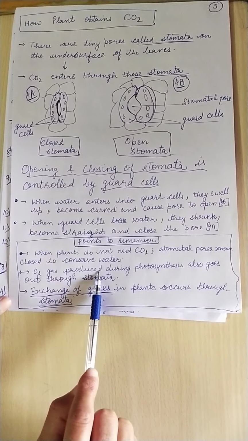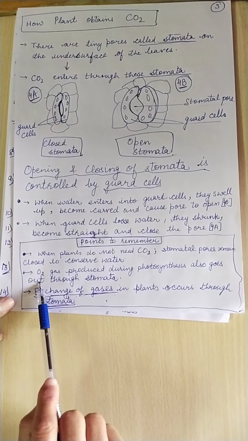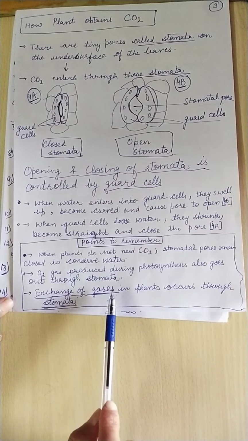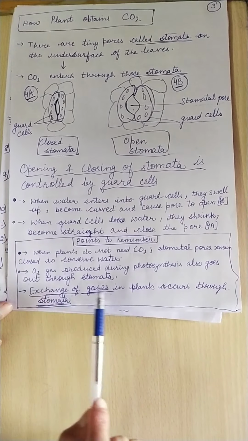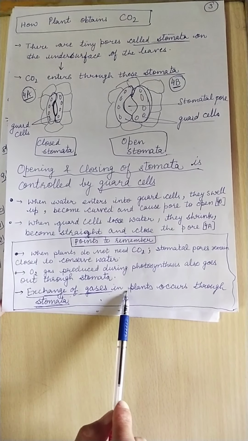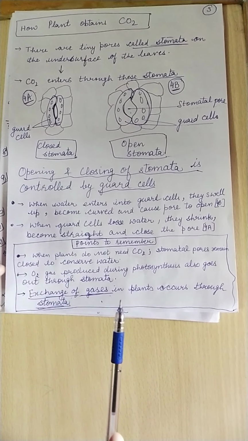Oxygen gas produced during the process of photosynthesis is also released out through the stomata. So in a nutshell, we can say that exchange of gases in the plants occurs through stomata. This is all about nutrition in plants.